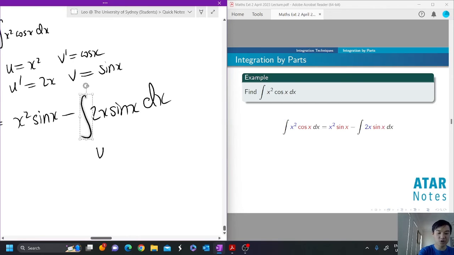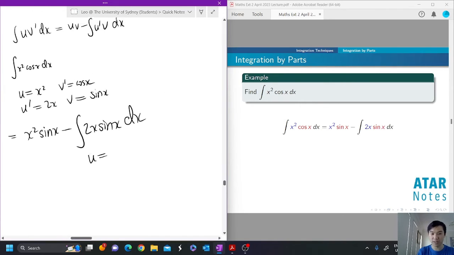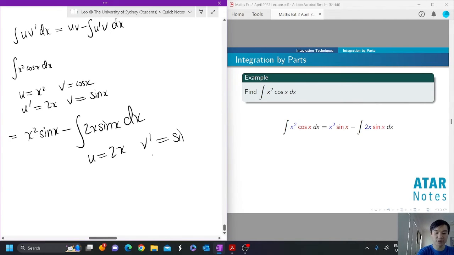So I'm going to let u be 2x, because LIATE says algebra gets priority over trig. v dash is going to be sine. So u dash will be 2 and v is going to be negative cos.